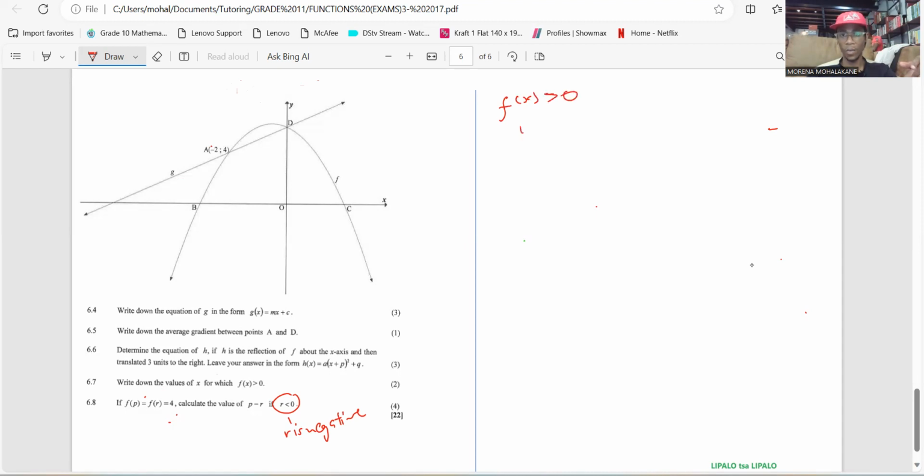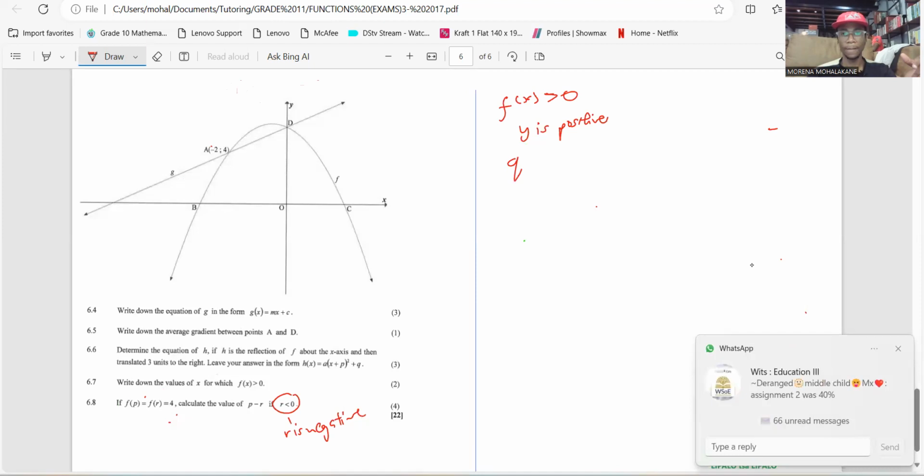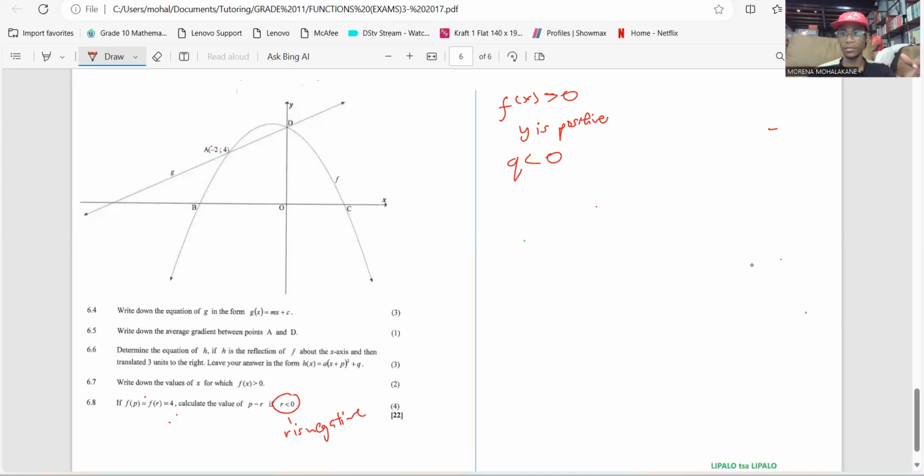It means that y is positive. Or let us say you have q being less than 0. It means that q is negative, right?